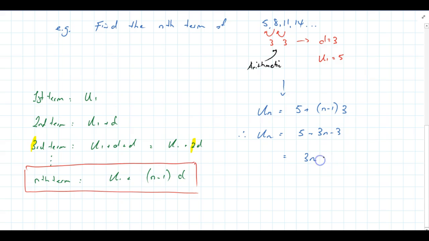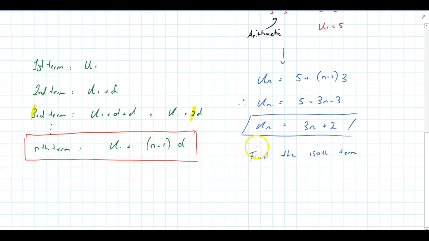So writing it in the other way, 3n plus 2 is our un. So we can therefore go from that point and say, once we've got the nth term, we can find the 150th term.